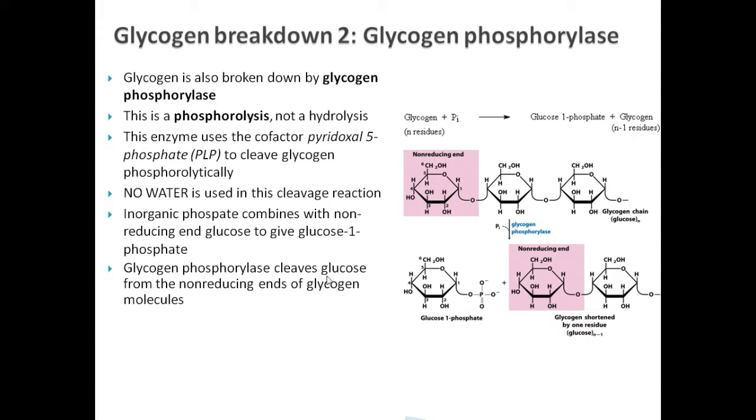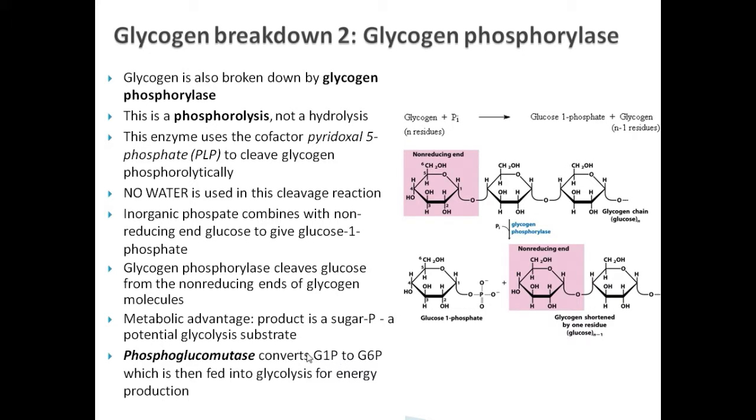So it cleaves glucose from non-reducing ends of glycogen molecules, and it provides a metabolic advantage because the product is a sugar phosphate, which is a potential glycolysis substrate, and I'll say a little bit more about that now. What happens then is the enzyme phosphoglucomutase again then converts glucose 1-phosphate to glucose 6-phosphate, which is fed into glycolysis for energy production.